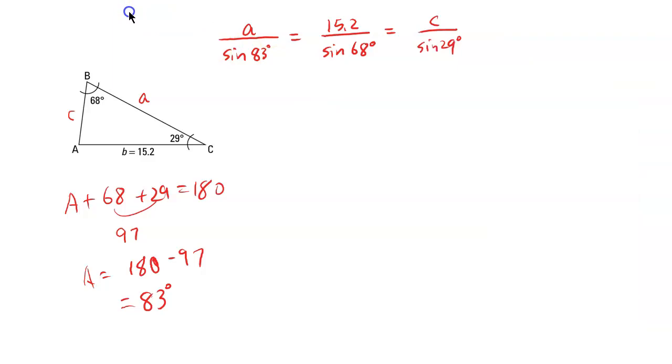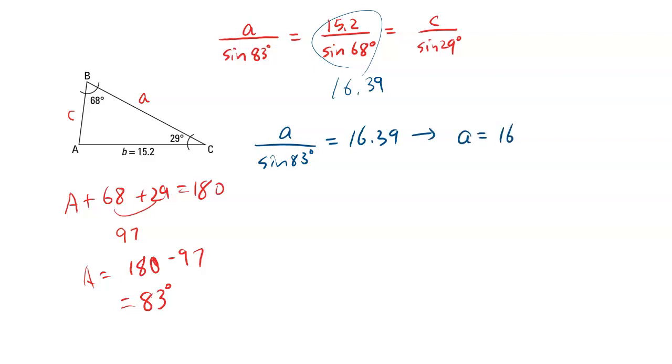Okay, so we know that this value here is 16.39. Therefore, we have a over sine 83 degrees equals 16.39, multiplying by sine 83 degrees on both sides. We have a equals 16.39 times sine of 83 degrees.